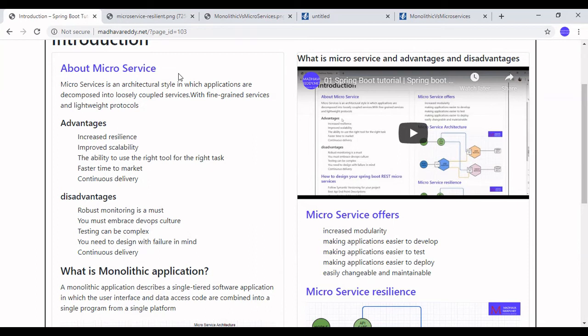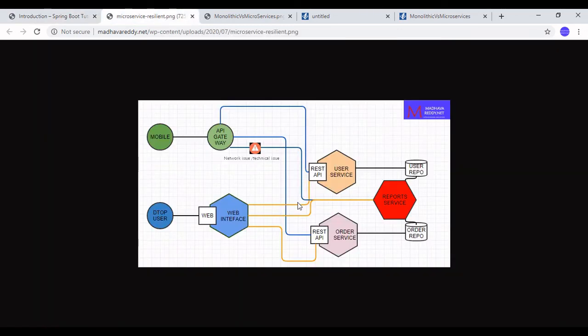If one microservice is down, it does not impact other microservices. For example, there is a network issue while calling this microservice, and with the order microservice there is no issue. You can establish the connection with the order microservice and get the response from it. Only the user service has the network issue.